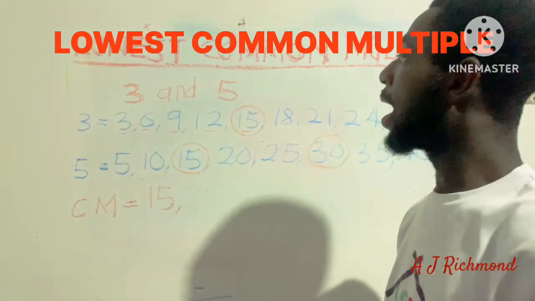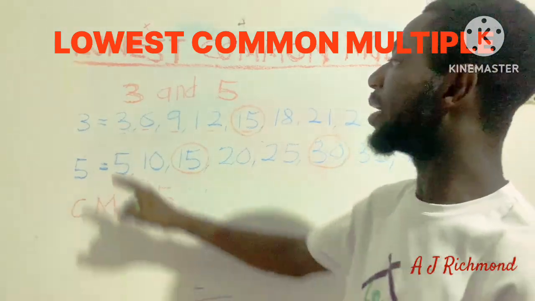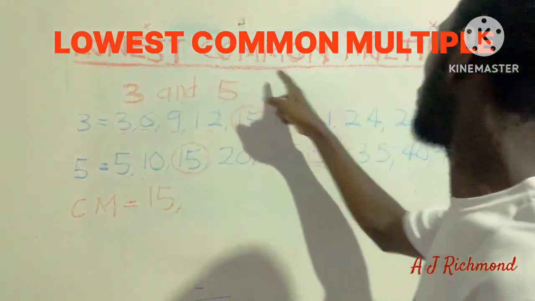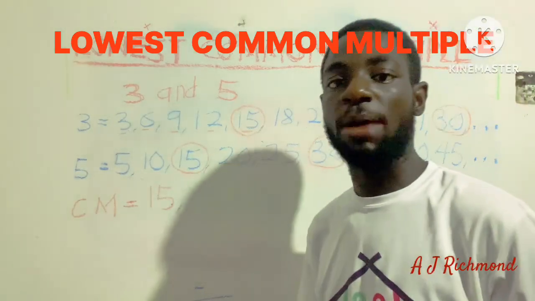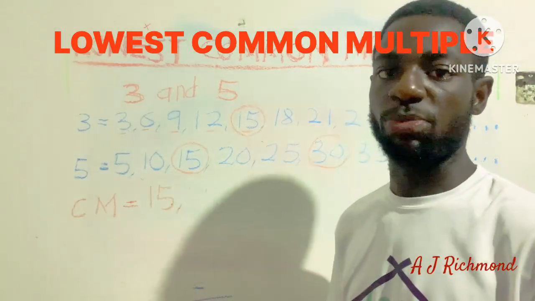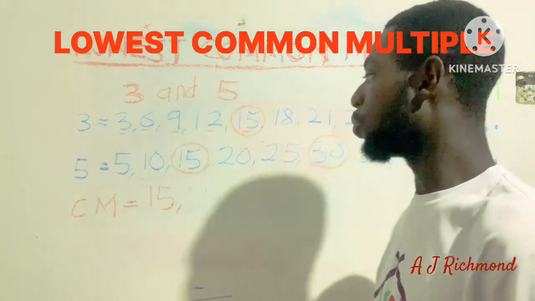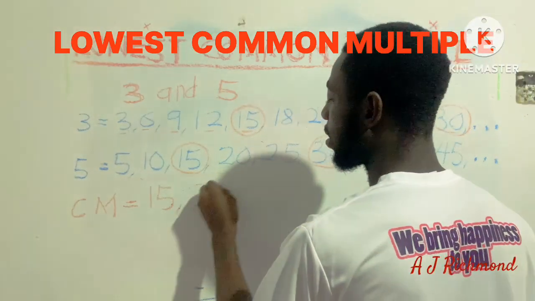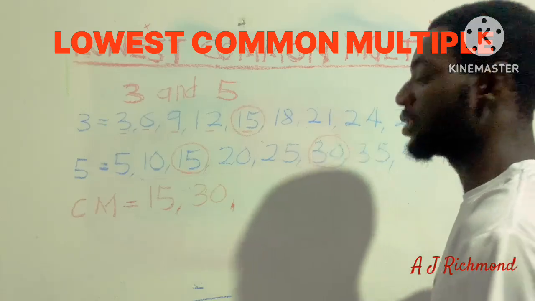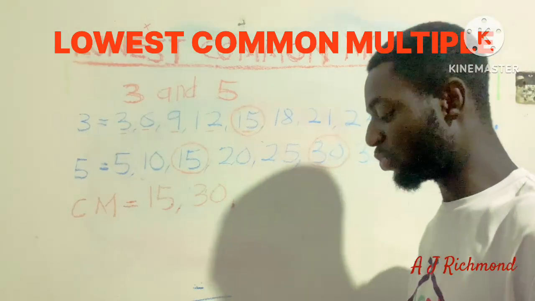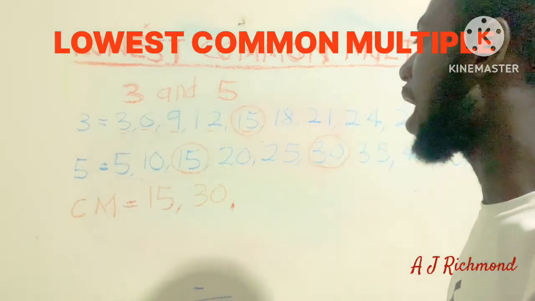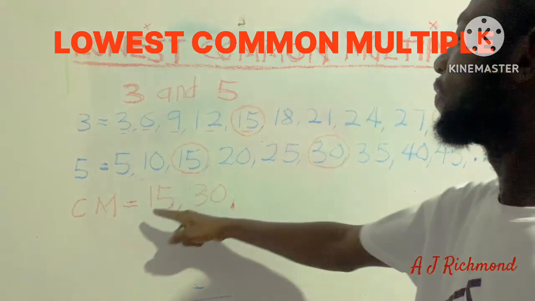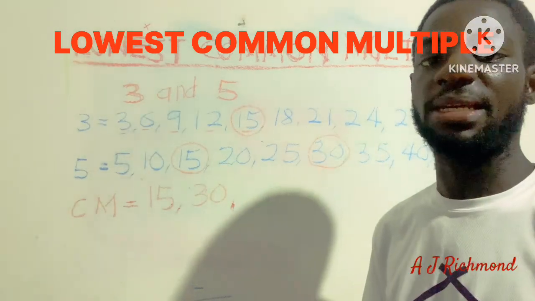Now, our objective is to identify the lowest common multiple, which happens to be the first common multiple you find in your list. So now that we have 2 common multiples, there is no need to continue the list, since we can actually identify our lowest common multiple from the common multiples we've already identified.